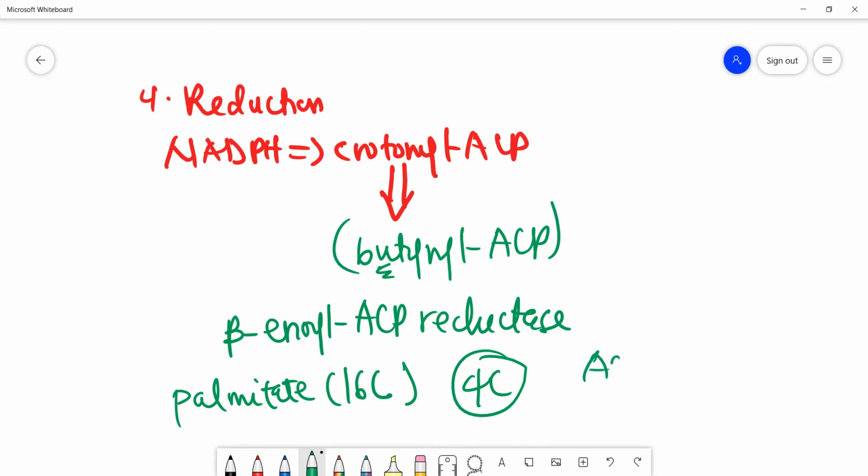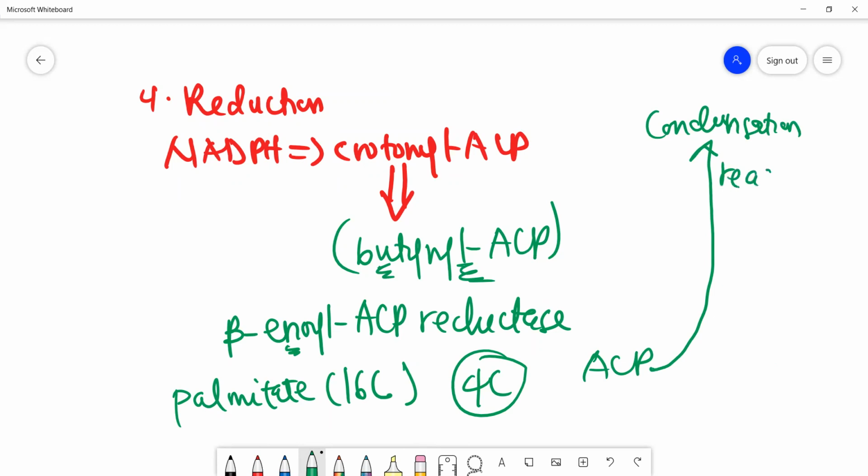ACP now carries this butyryl ACP from the active site of beta enoyl ACP reductase back to the very first enzyme, the condensation reaction. So we're coming to look at that.